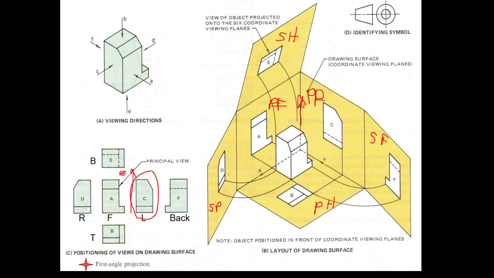On the primary frontal, primary horizontal, and primary profile picture planes respectively, we obtain the front, top, and left side views. On the secondary picture planes, on the surface of this picture plane, the right side view, on the surface of that picture plane, the back side view, and on the surface of this picture plane, the bottom side view.